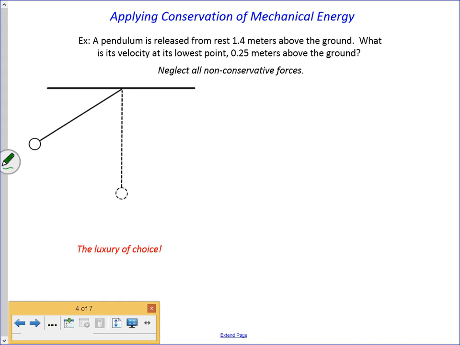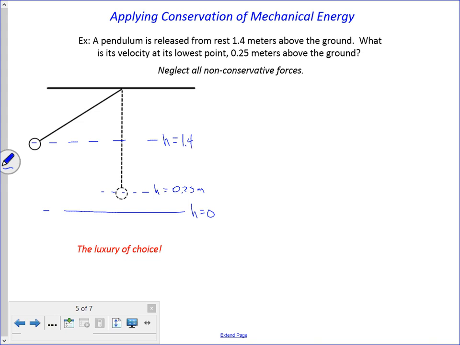Okay, a pendulum released from rest 1.4 meters above the ground. And we want its velocity at this location, which is height 0.25 meters above the ground. Here's height 1.4 meters above the ground.